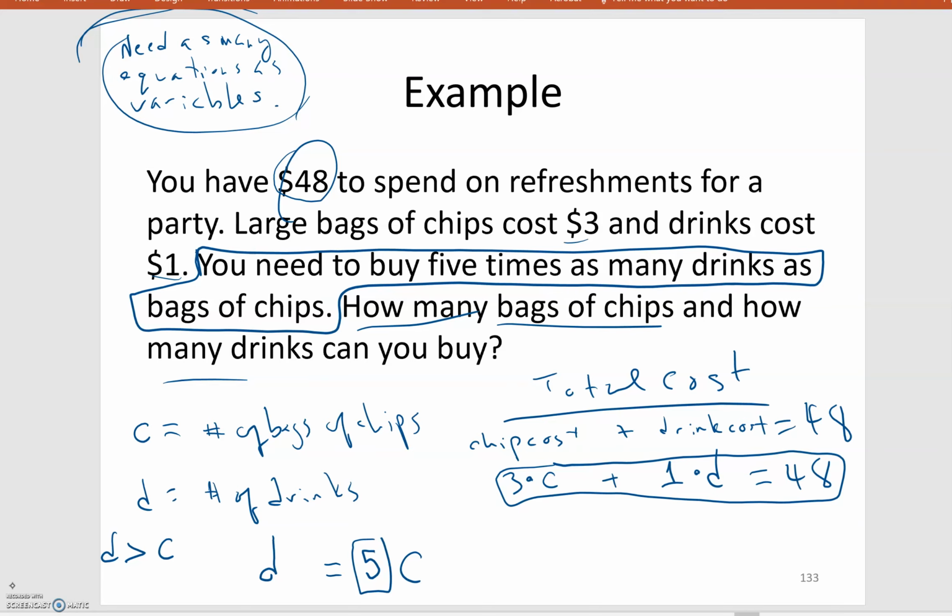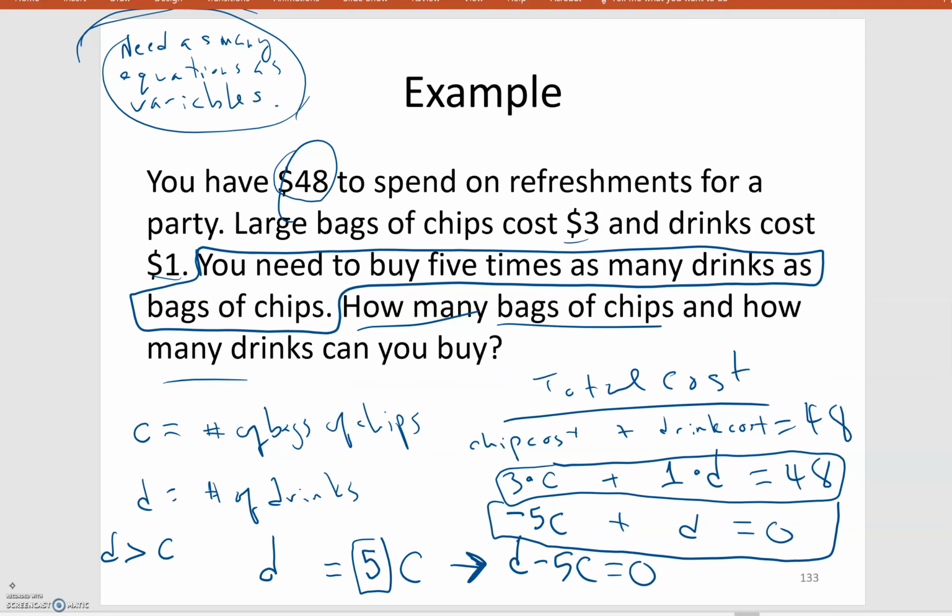Or we could have done the D first, and then the C, and then the number. But either way, we have to be consistent. So the first thing I'm going to do is move this to the other side. And so that would give me D minus 5C equals 0. That's pretty close, except now I just need to reverse these two. And so I'm going to put this one first, and so that would be minus 5C plus D equals 0. And yes, it's just a 0 there. So that's the final equation.